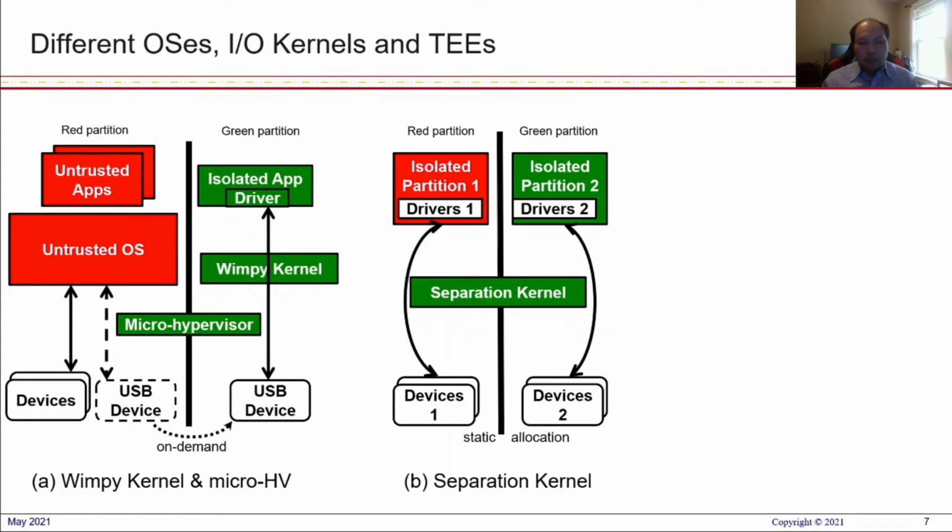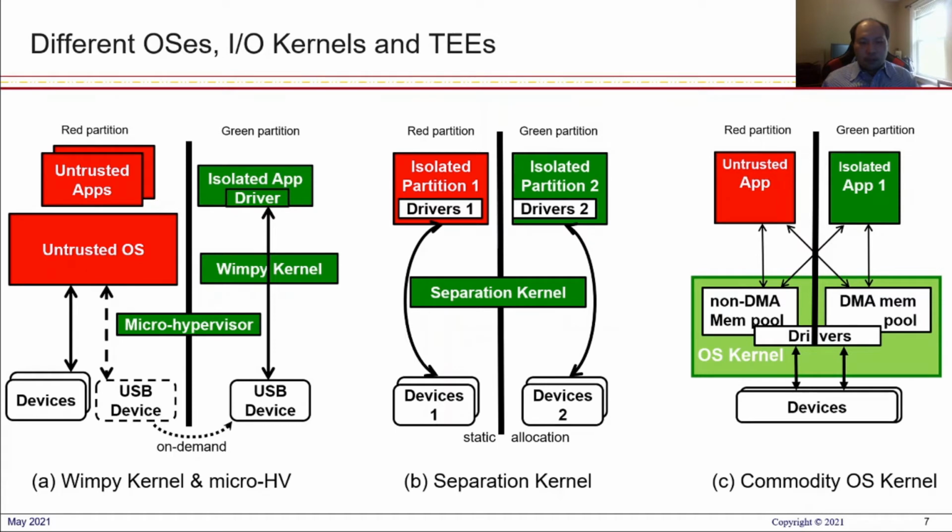And separation kernels establish isolated partitions and statically allocate devices to these partitions. Commodity OS kernels enforce intra-OS protection to separate a DMA memory pool from a non-DMA memory pool. Then they transfer data to and from the separated pools to isolated applications.